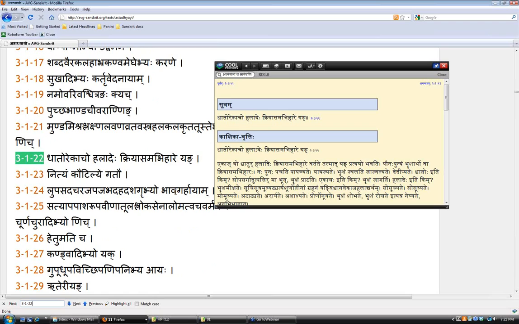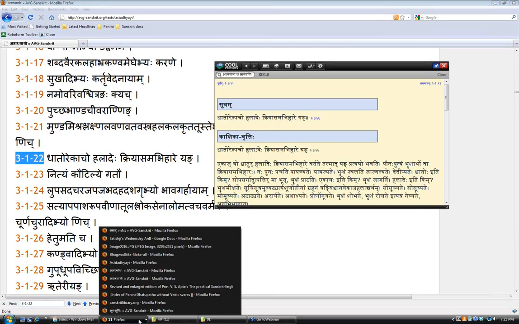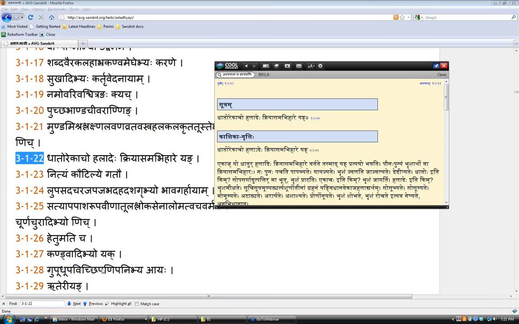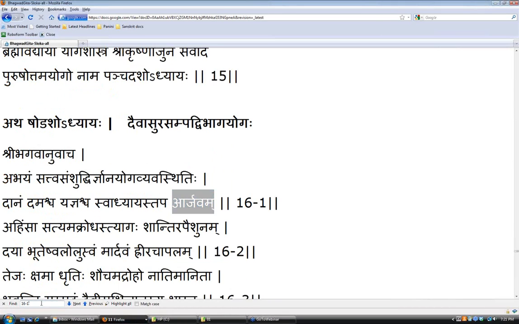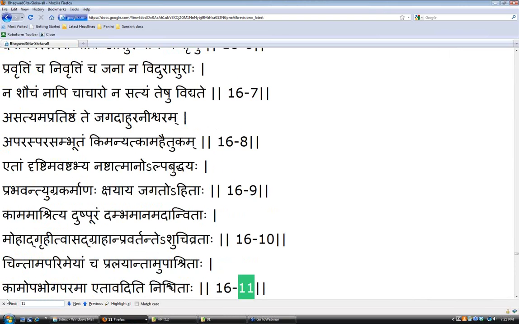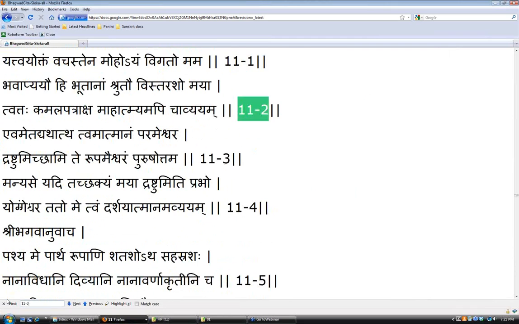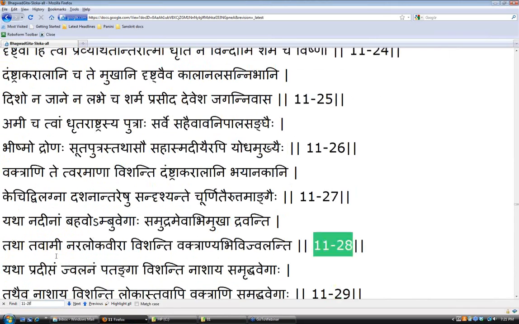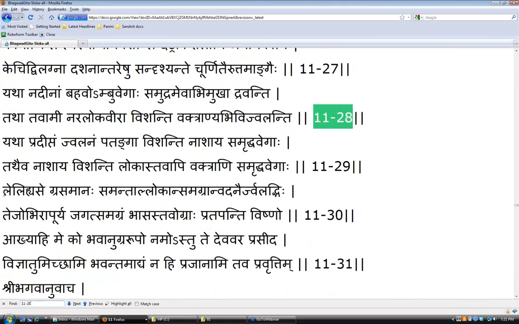In the Bhagavad Gita, the main form I can think of is lelihyase: lelihyase grasamanah samantal lokan samagran vadanair jvaladbhih, tejobhir apurya jagat samagram, bhasas tavograh pratapanti vishno. I think this is in chapter 11, so tag this from lelihyase.